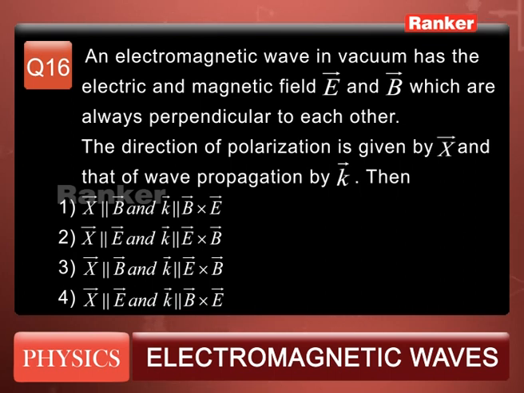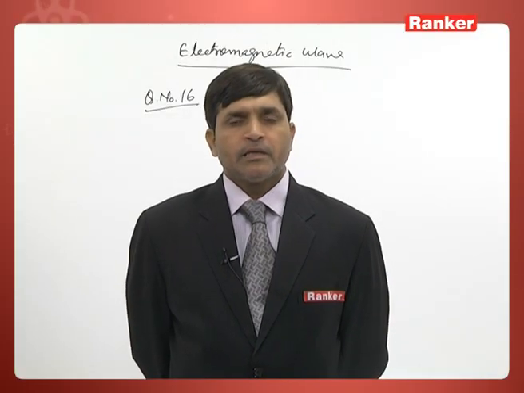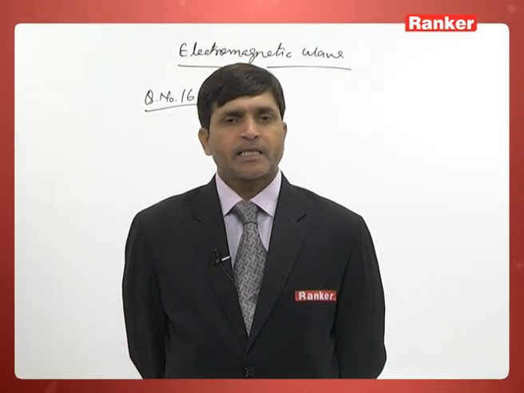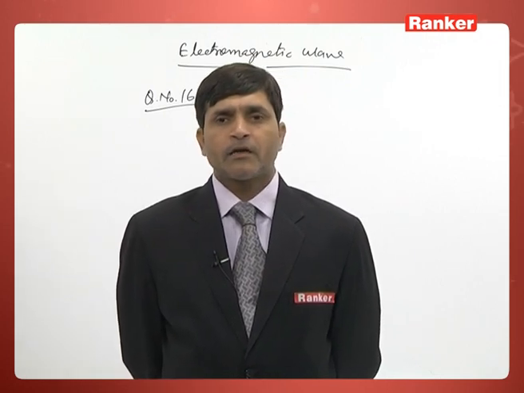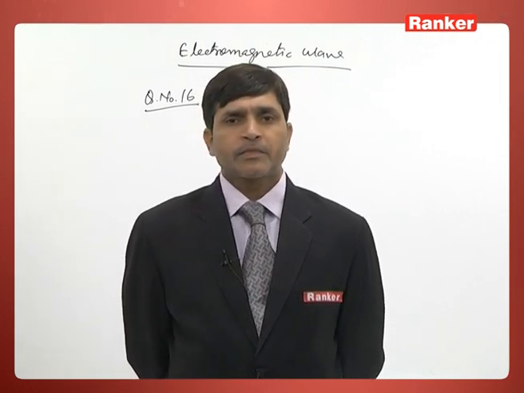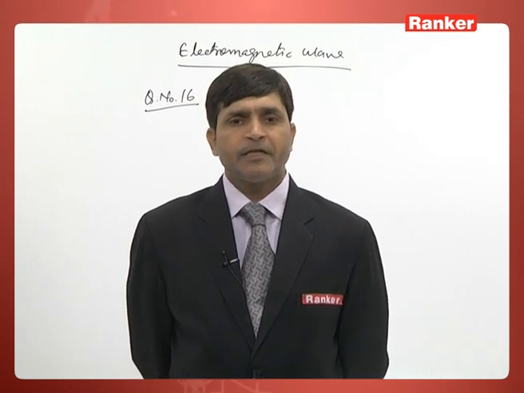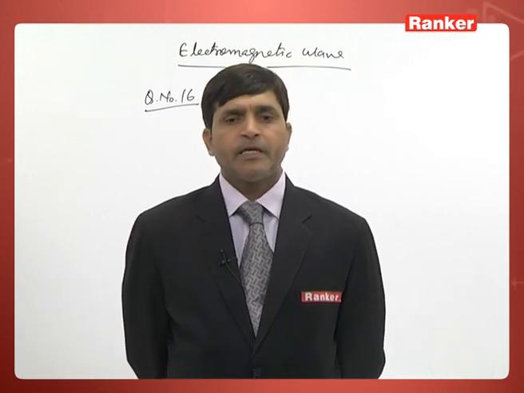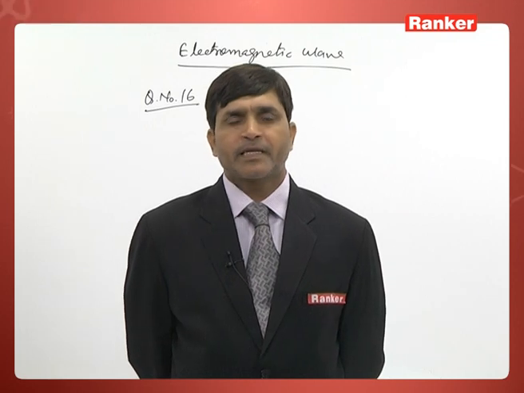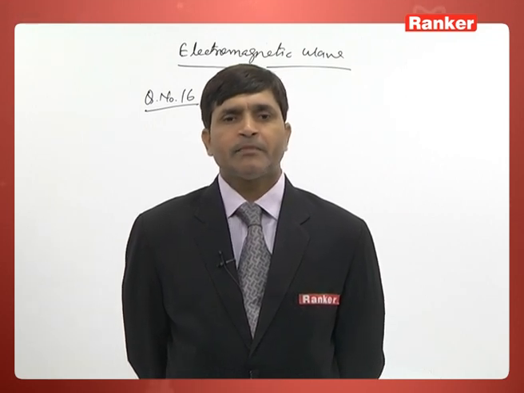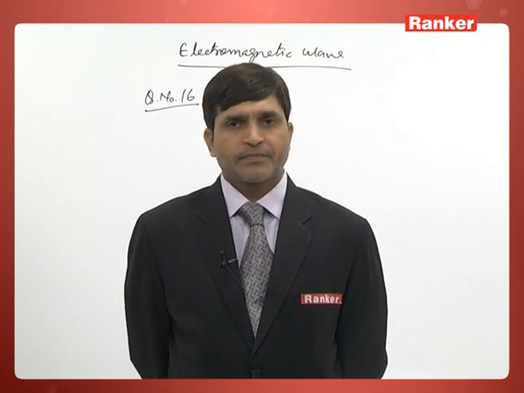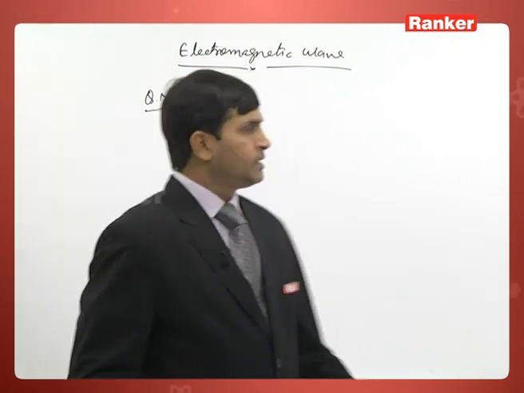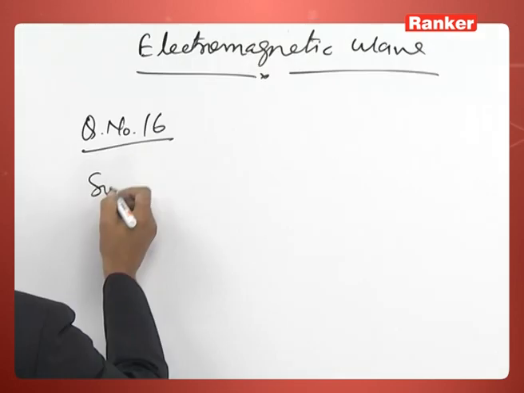As we know, in the electromagnetic wave, the velocity vector is always perpendicular to the electric and magnetic field vectors. So here wave propagation is defined with a vector k. The vector k must be parallel to the vector E cross B. This is the conclusion here.